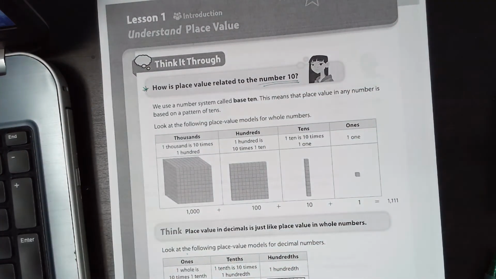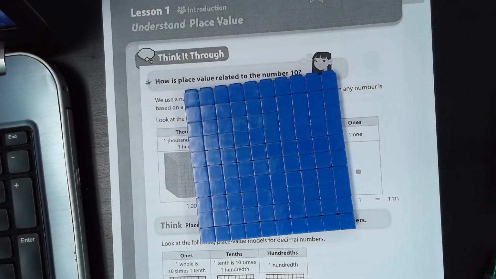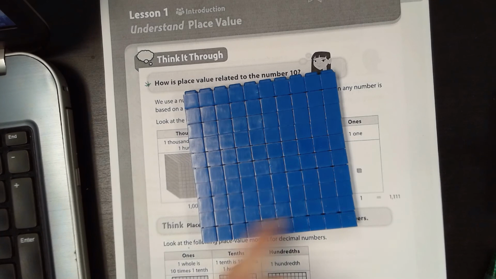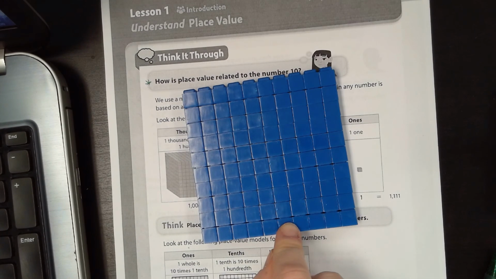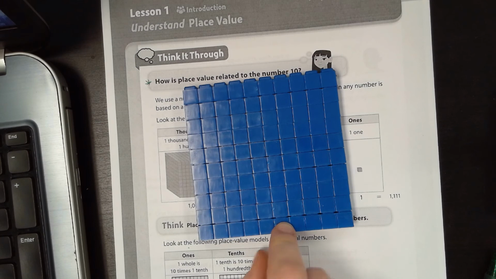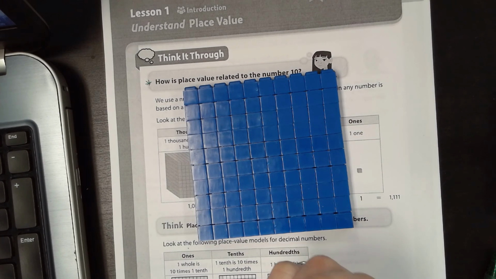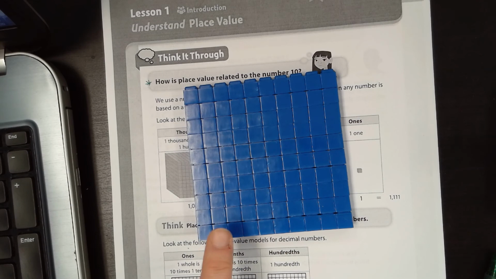Now, let's look at the sheet. Now, like I said before, the sheet is called a sheet because it represents 100 because it has 100 of these little cubes. But if we go back to what we did before with the base 10, how many rods do you think is in this sheet of 100? Remember, a rod has 10. So what times 10 gives me 100?